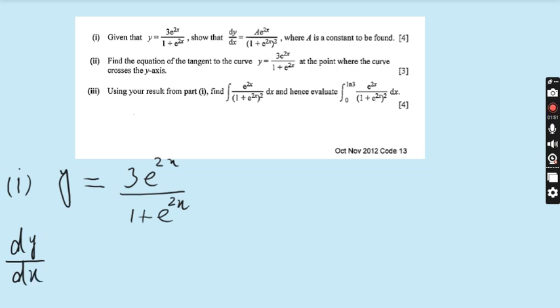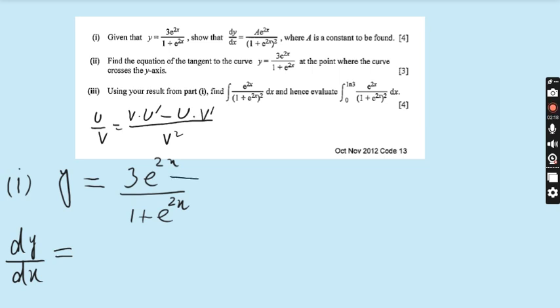If two functions are divided and we find the derivative, then we must use the formula u over v. What is u over v formula? u upon v is equals to v square, v as it is, derivative of u, minus u as it is, derivative of v.